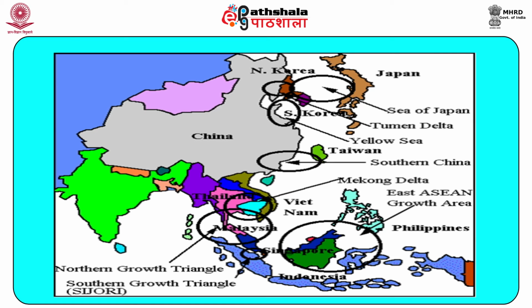As you will see, there is a concentration of these areas in the South China Sea and surrounding certain parts of Taiwan, Korea, Japan, the Mekong Delta, Vietnam and Thailand, Philippines, Indonesia.